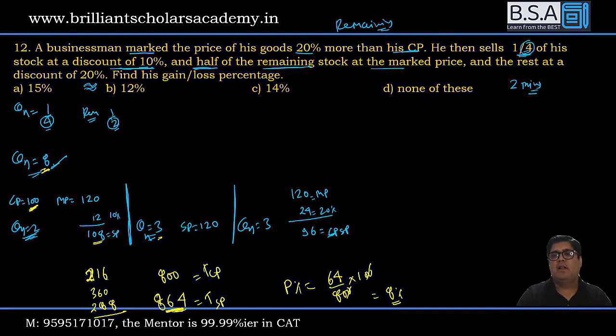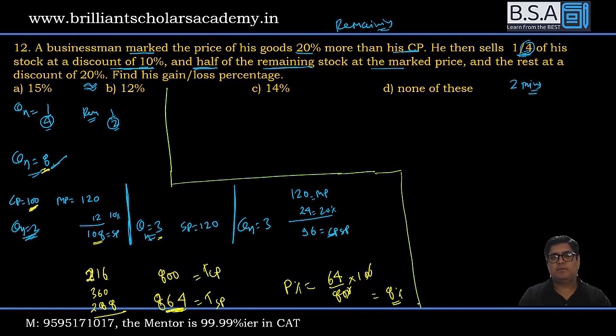Now, I'll use a different colored marker here, let us say the green one. What you see now is a different approach. First, you increase the price by 20, then you offer 10% discount.